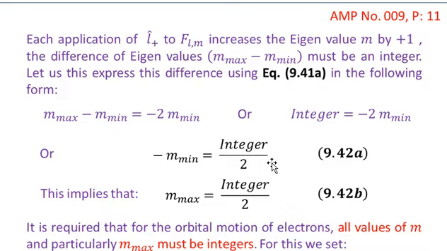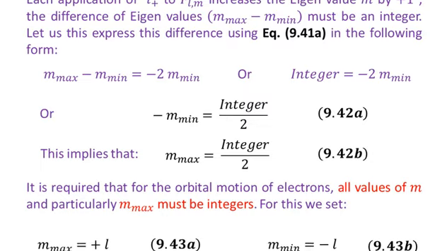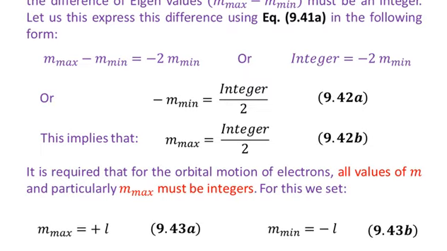And you can also write m max is equal to integer by 2 in equation number 42b, because m max is equal to minus m minimum, and m minimum has been obtained as integer divided by 2. So you see that in equations 42a and 42b, minus m minimum and m max are actually integer values divided by 2.